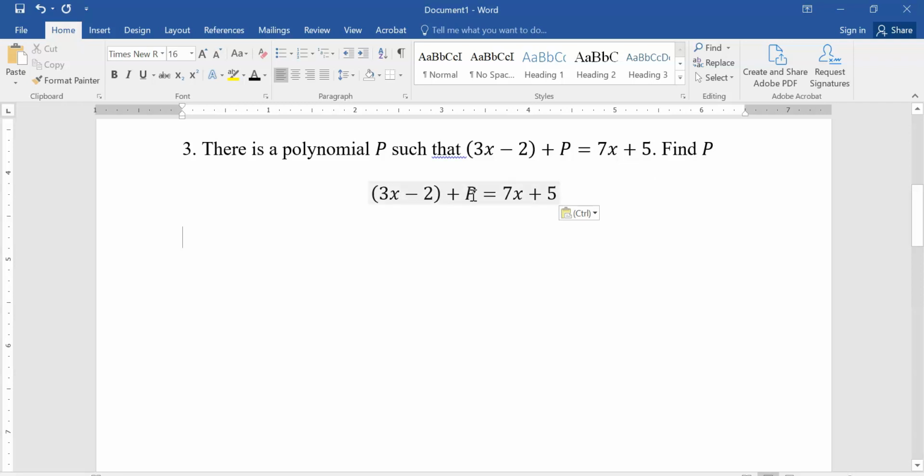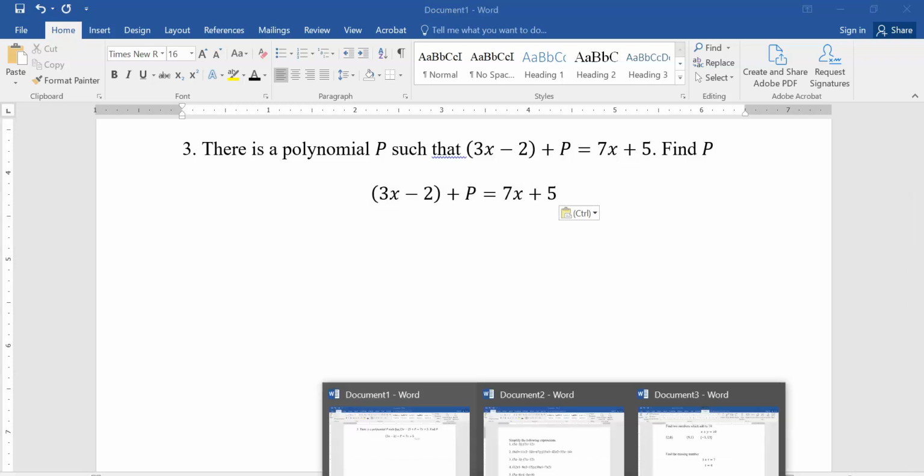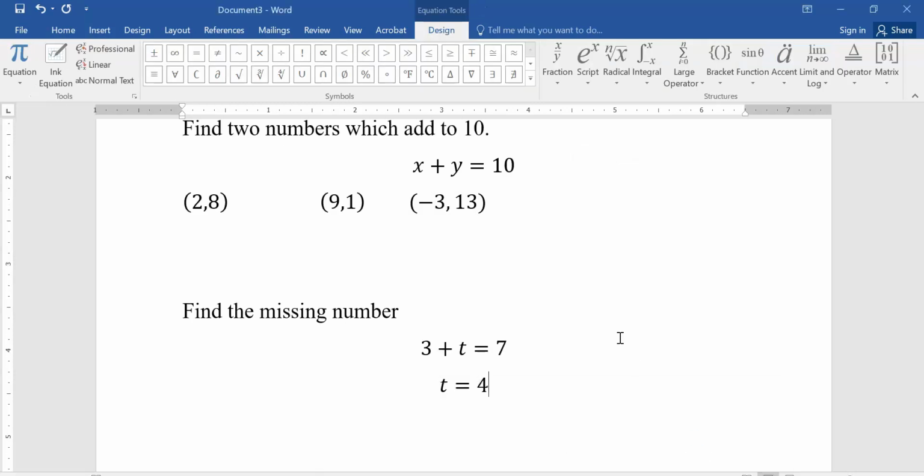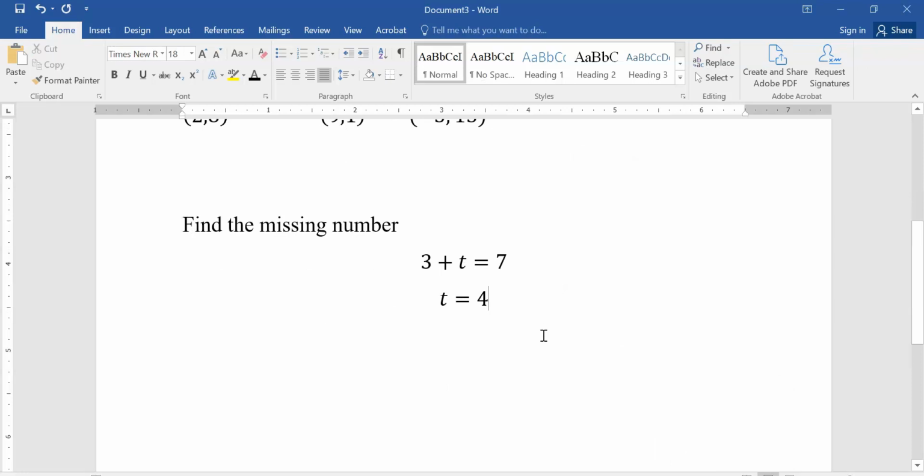And there's a number of ways we could go about doing this. The easiest way I think that we can do this is to look back at section 1(3) for inspiration. When we were solving an equation that was 3 plus t equals 7, what did we do?